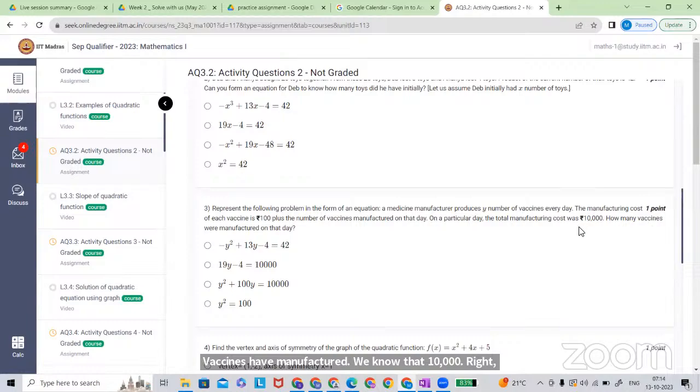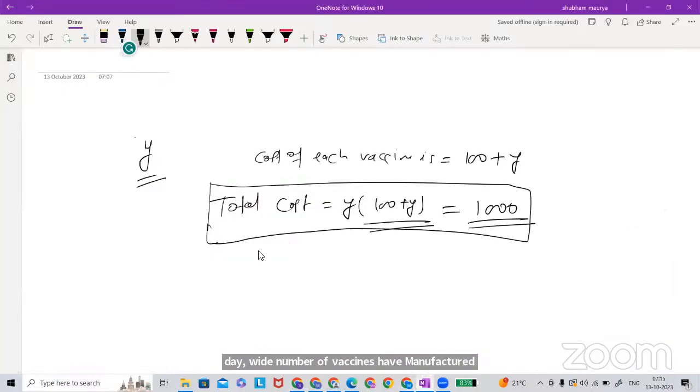So suppose on that same day, Y number of vaccines have been manufactured. Then, if Y number of vaccines have been manufactured, how much is each vaccine's cost?